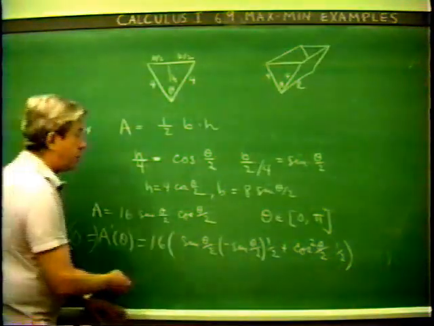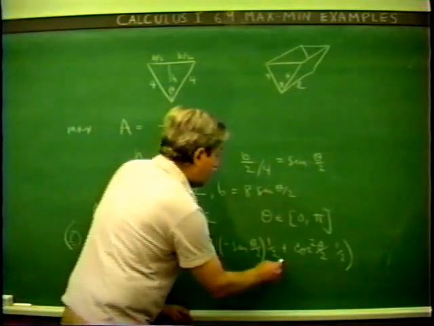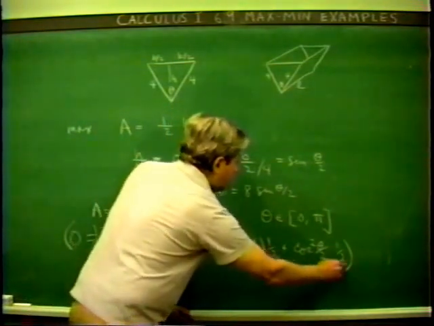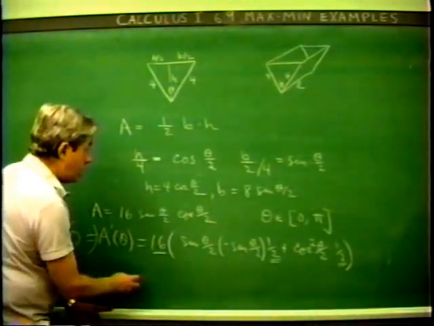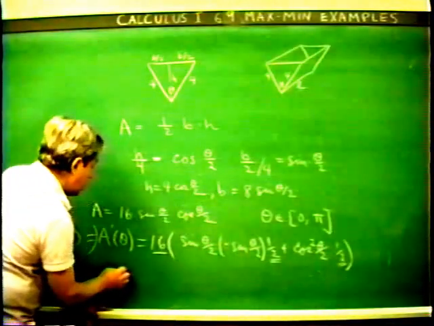Right. So now we want to know when this is equal to 0. We can disregard the 16, and we can also disregard the halves here.